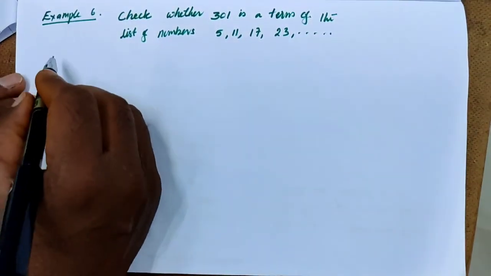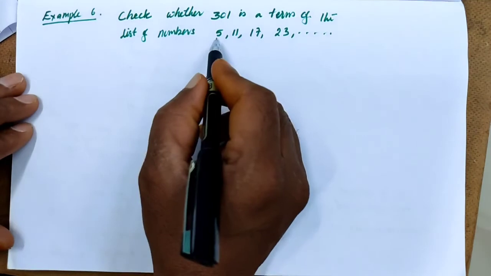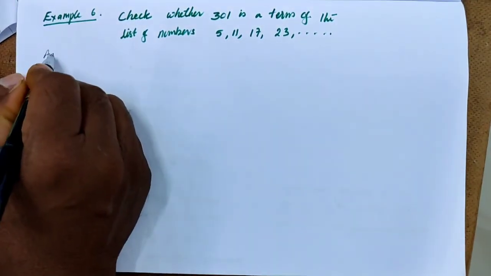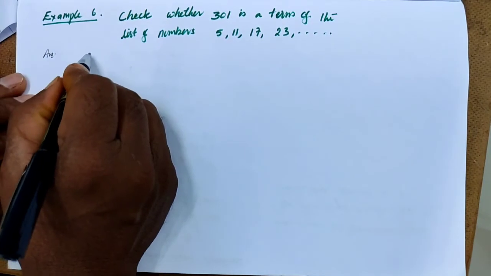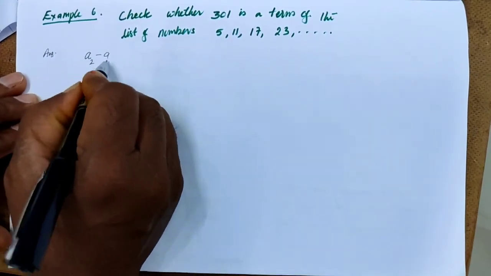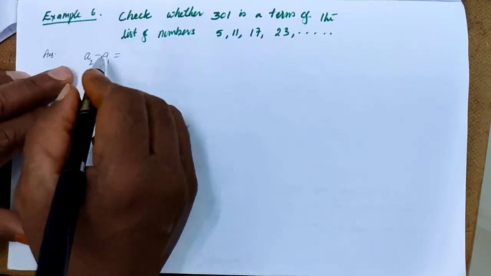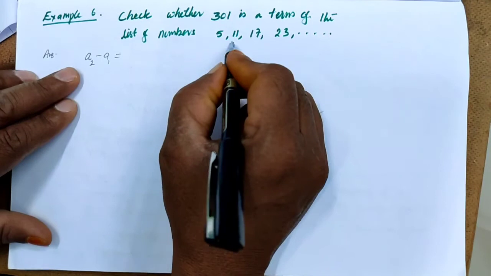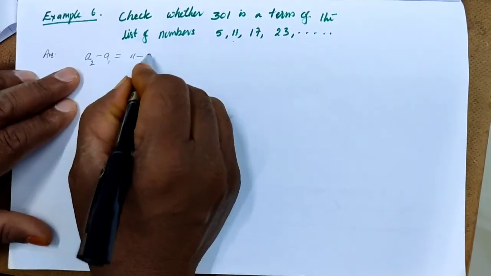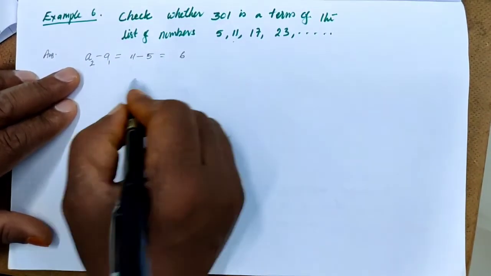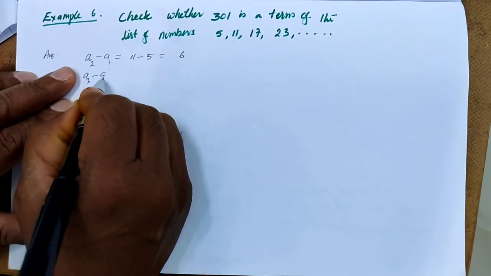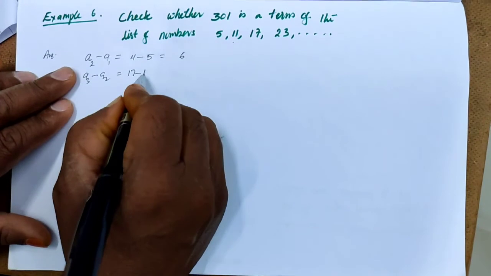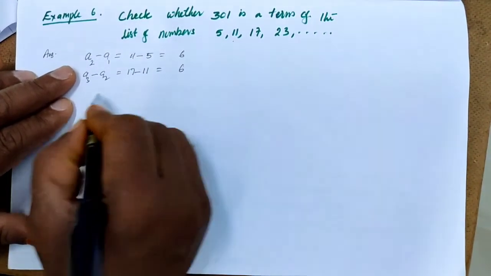So first, let these be the first term, second term, third term, fourth term. Find a2 minus a1. What is a2? The second term 11 minus the first term 5 is equal to 6. And a3 minus a2 is 17 minus 11, which is again 6.